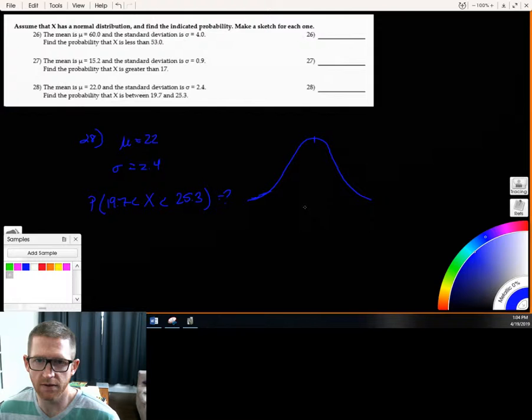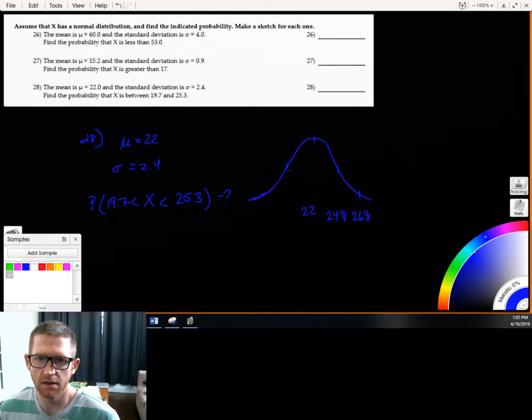The mean is 22. The standard deviation is 2.4, so 2.4 above would be 24.4, and then 2.4 more would be 26.8. That's as high as I need to go.